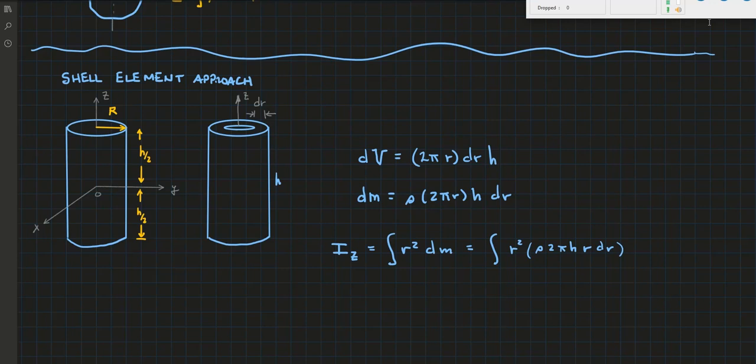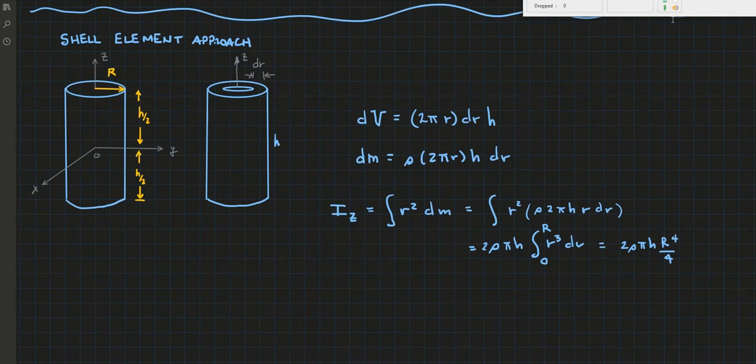So now we have an integral in terms solely of r, and we can solve this first off by taking the 2 rho pi h out, and we have a pretty simple integral. Now let's think about the mass here.